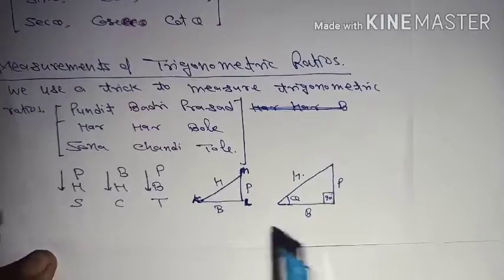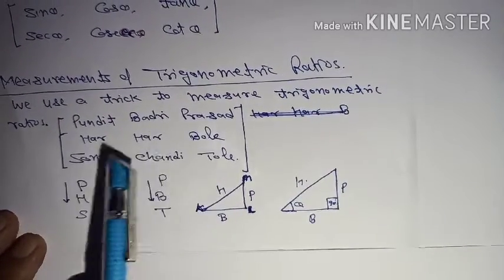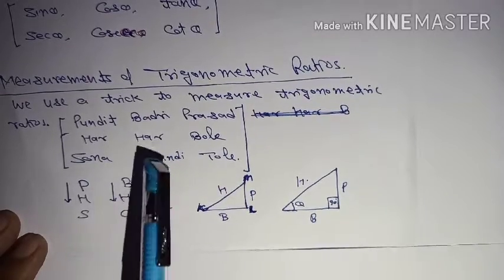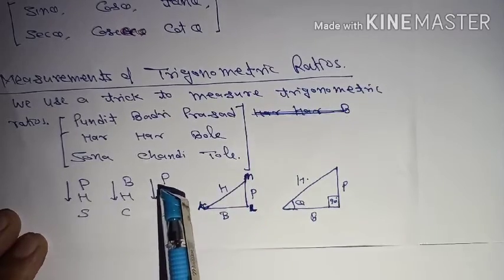Now, Pandit Badri Prasad har har bole, sona chandi tole. Pandit for P, Badri for B, and Prasad for P again.